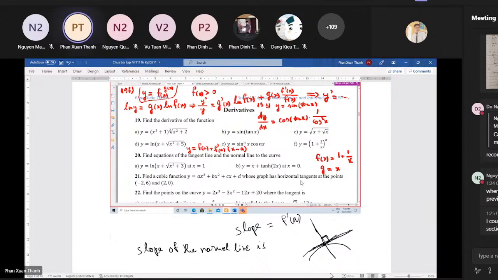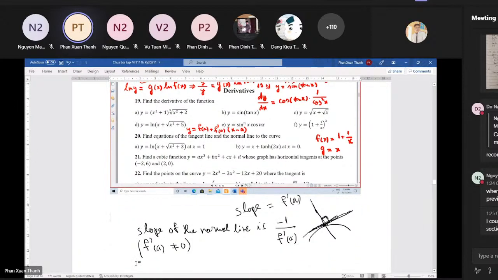The slope equals -1 divided by the derivative of the function at the point. Here we assume that the derivative at A is not 0. This is a normal line and the tangent line.